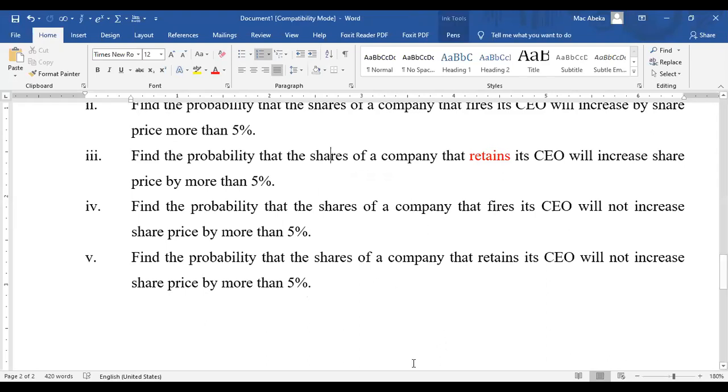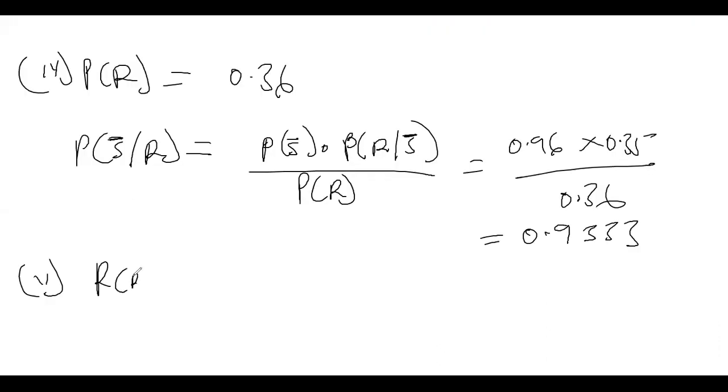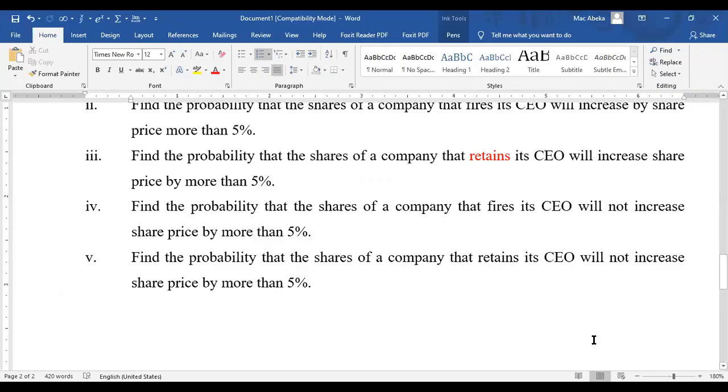The probability of not replacing the CEO, we already know, is 0.64. So the question asks for the probability that a firm that retains its CEO will not increase share price by more than 5%. So the not increasing share price term now becomes the numerator.